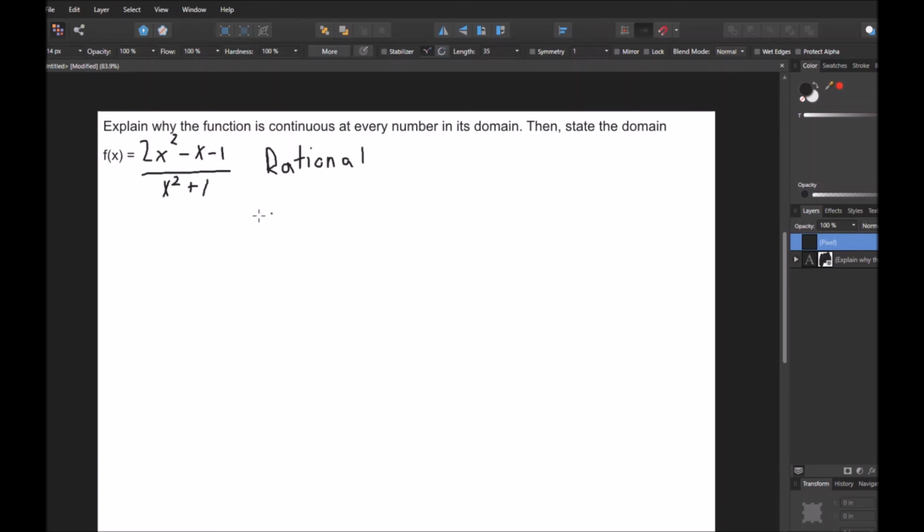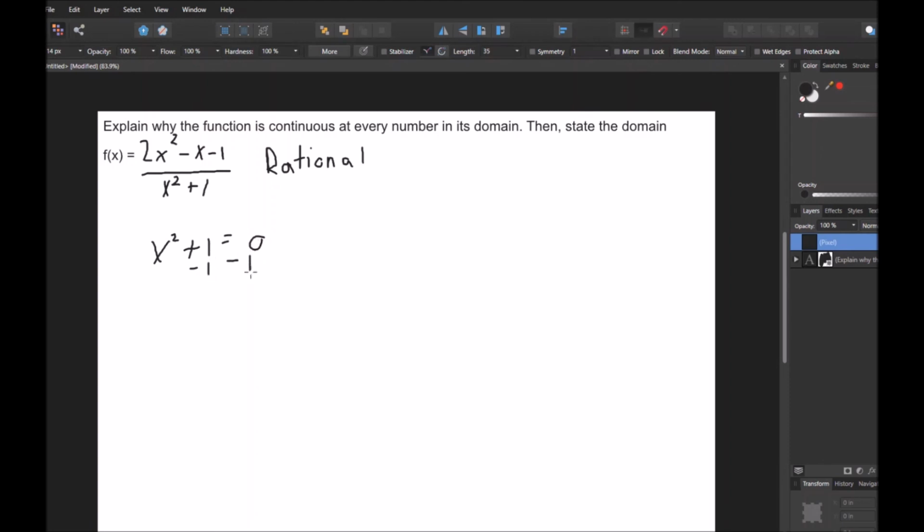And basically what we're looking for is any number that would make the denominator equal to 0. And you can see after probably a little bit of time looking at the denominator that there's no number that does this. And we can prove that the denominator can't be equal to 0 by setting it equal to 0. x squared plus 1 equals 0.